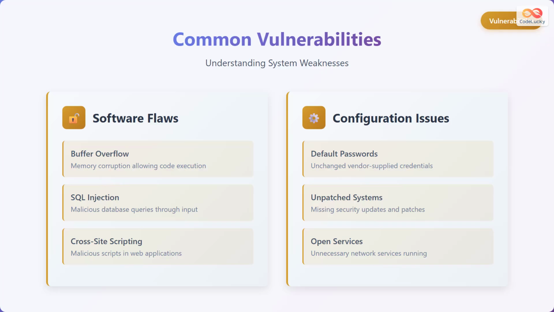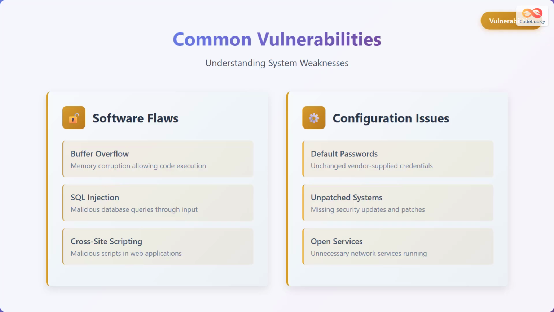SQL injection attacks exploit poorly designed database queries by inserting malicious SQL commands through user input fields, potentially granting unauthorized database access. Cross-site scripting, or XSS, involves injecting malicious scripts into web applications that execute in users' browsers, potentially stealing session cookies or sensitive data.